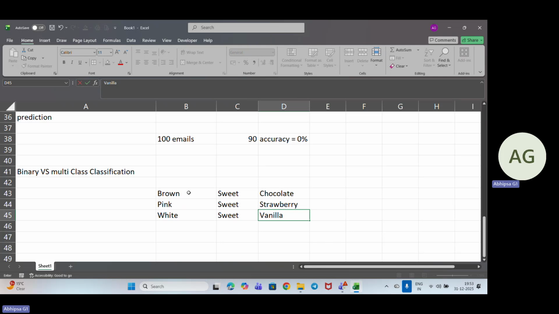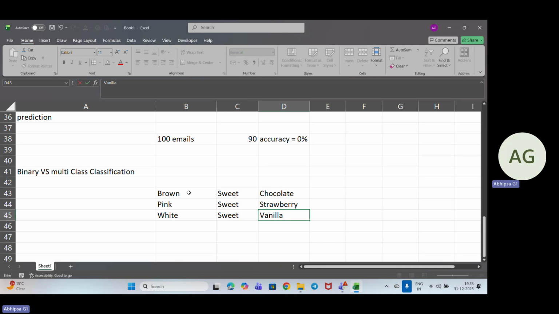So this is about the two types of classification. Now, how does a model decide? The model looks at the features, and based on the features it decides which group this fruit belongs to, or which flavor this ice cream belongs to, just by looking at the color and the texture, all of these features basically.